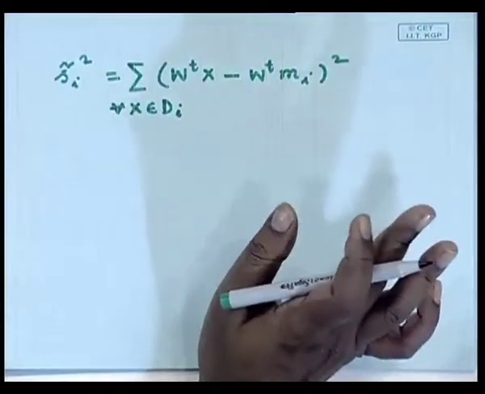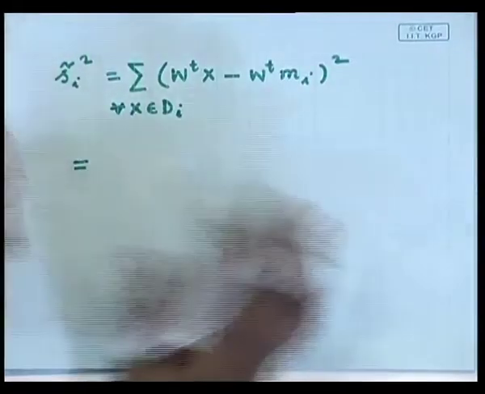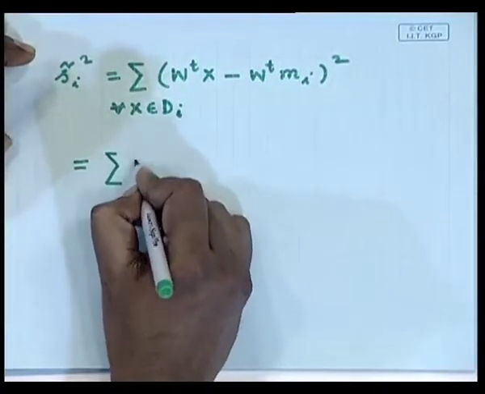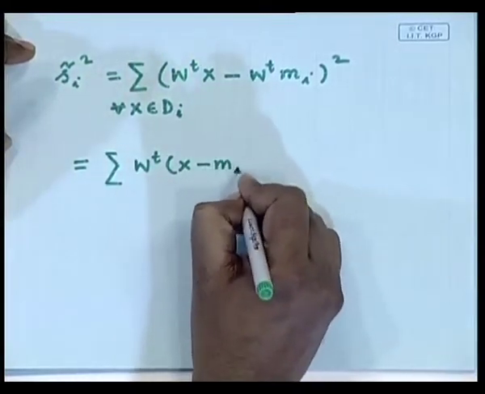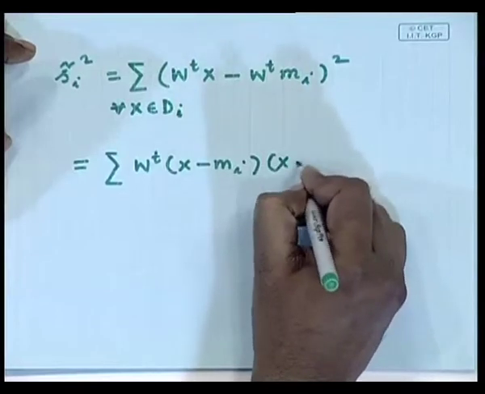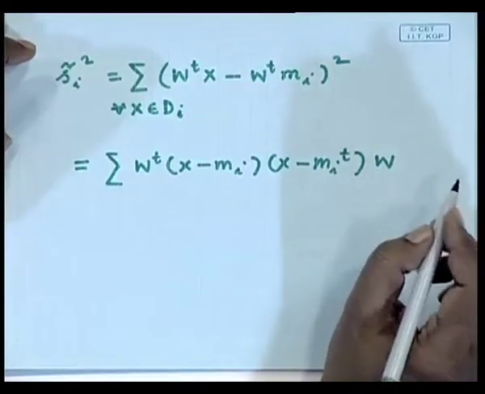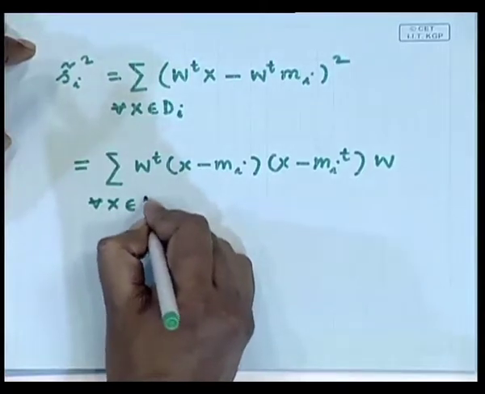So, earlier we took the scatter of the original samples, now we are taking the scatter of the projected samples. Okay. This expression can be written, by some reorganization, as W transpose (x minus m I)(x minus m I) transpose W, taking the summation for all x in set D I.